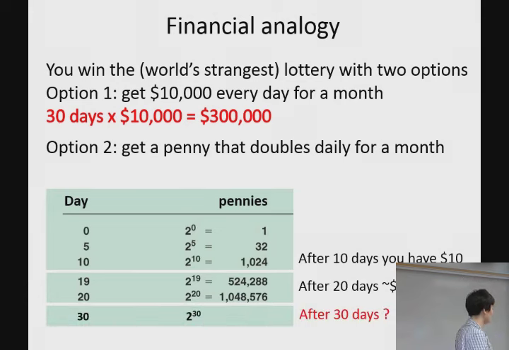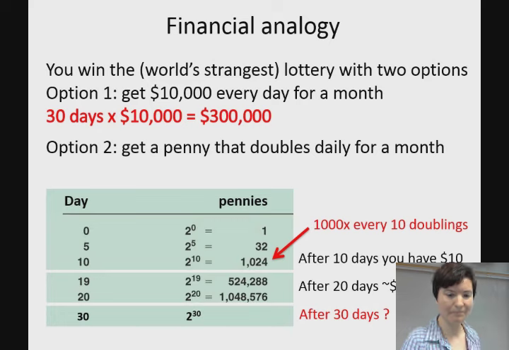Now, what do you think happens at the end of the month, though? When we take 2 raised to the power of 30, what is the total? Basically, one way to figure this out without doing crazy math and not using a calculator is that every 10 doublings, you're increasing the amount by 1,000. So here's the first 10 doublings, you're increasing your amount by 1,000.